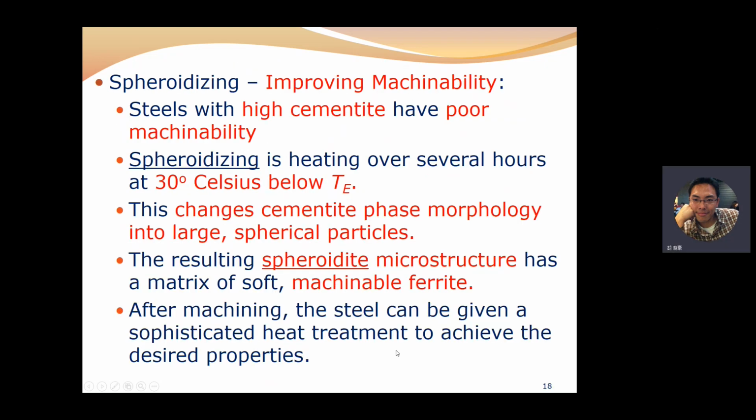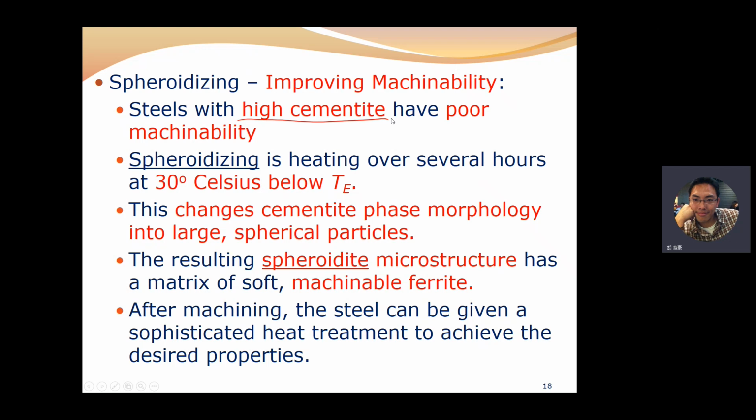And spheroidizing is the other annealing process that can improve the machinability. High cementite content has poor machinability, right? We already mentioned that with high cementite content the hardness is also high.